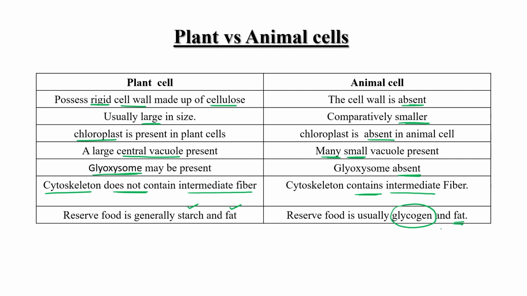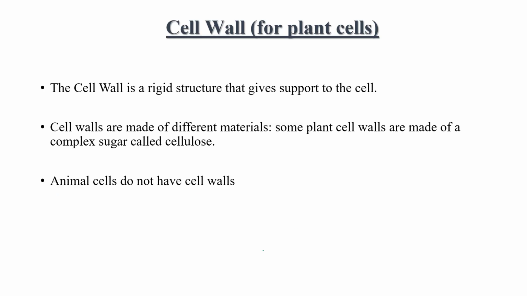So this is the main comparison between plant cell and animal cell. Now, the cell wall, this particular type of outer covering, is present only in plant cells. It is a very rigid structure which supports the cell and gives it its rectangular structure.